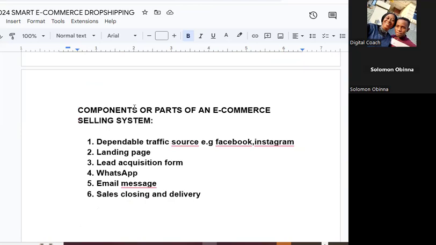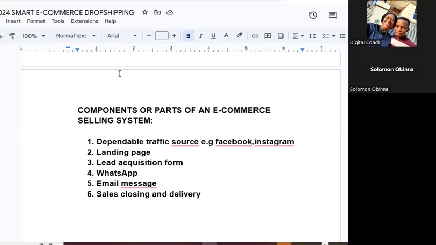Then we look at the components or parts of an e-commerce selling system. Different businesses online have different selling systems. If it is a real estate business, the selling system may be adverts on Instagram, Facebook, and Twitter, and then you come to the landing page, where you can book a date for sightseeing.